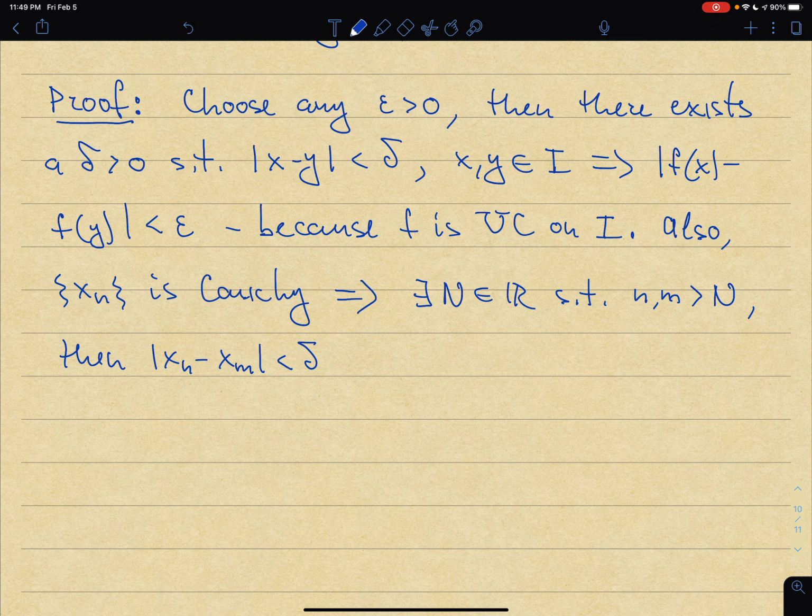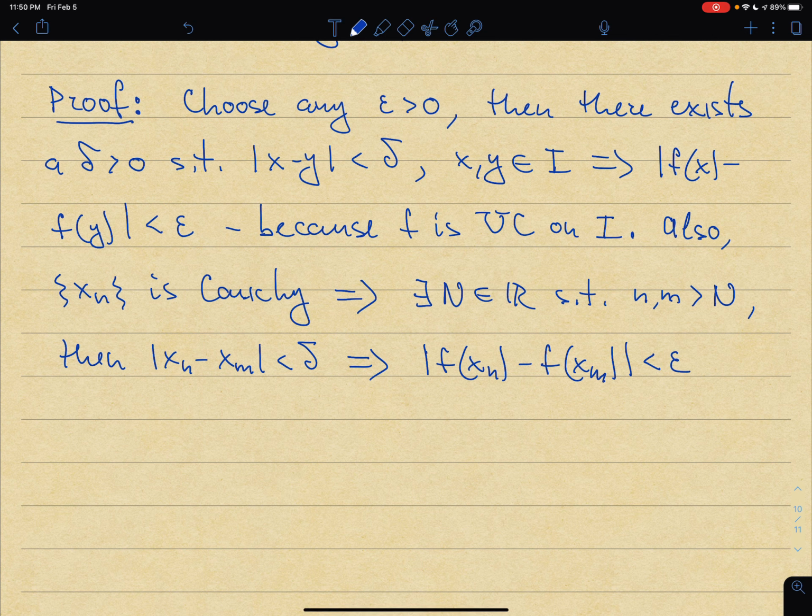The same delta that I found here. Okay, but in that case, for any 2 points in I, if x minus y is less than delta, then f of x minus f of y is less than epsilon. So from that it follows that f of xn minus f of xm is going to be less than epsilon.